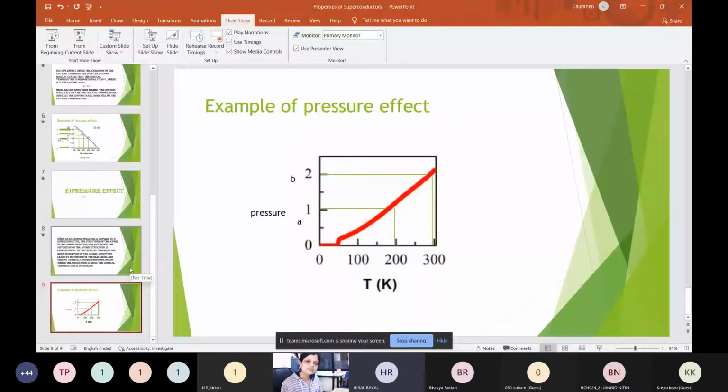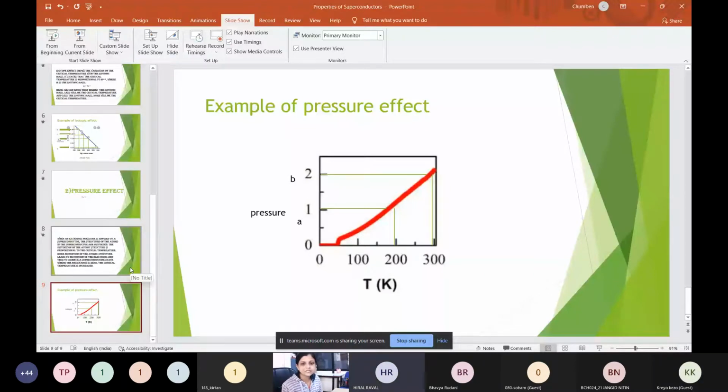And the isotopic mass effect, Kreyo has shown. Kreyo, may I have that equation on the screen for the isotopic mass effect? Yes, this graph is also very nice, which shows what happens for the isotopic mass with respect to the atomic mass, and what changes occur in the critical temperature.